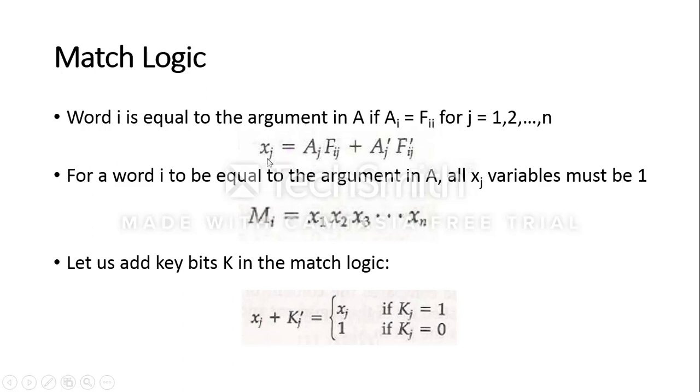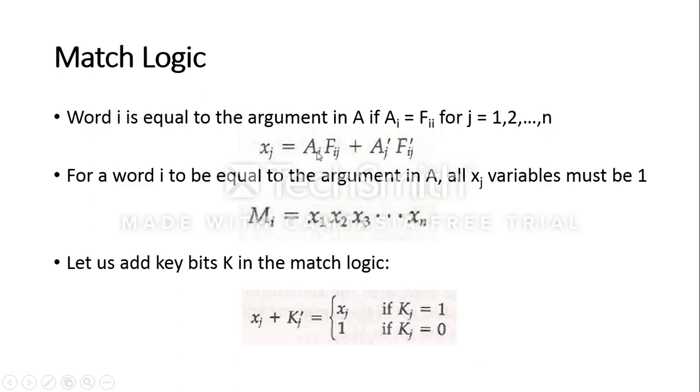So Xj specifies the XNOR of one particular bit, the jth bit of A, and the value available in the corresponding position in the memory cell, that is Fij. If these two bit values match, then the XNOR of these two values will be 1. So Xj will be 1 if the right hand side of this equation evaluates to 1.